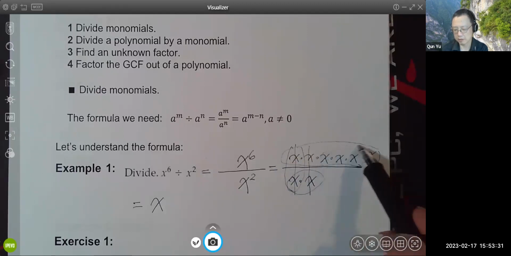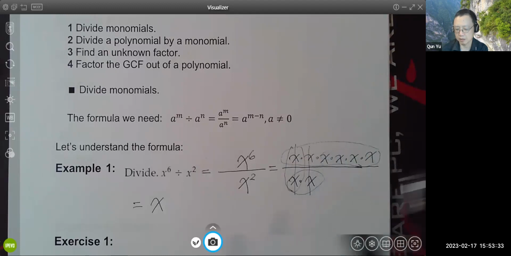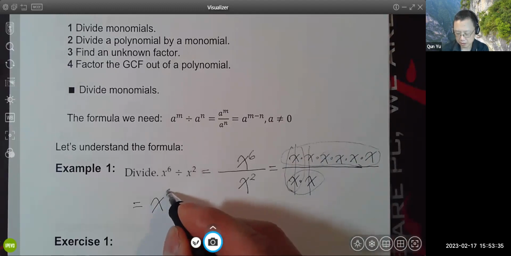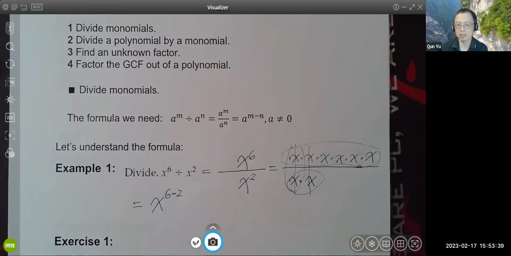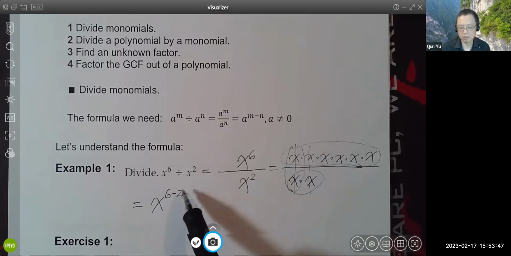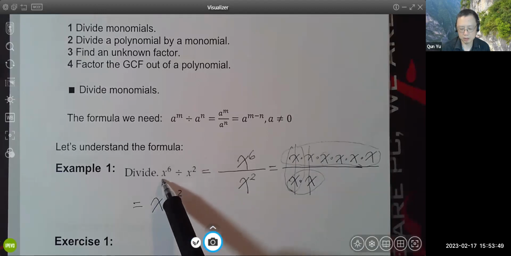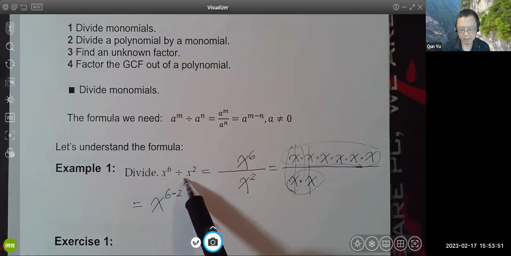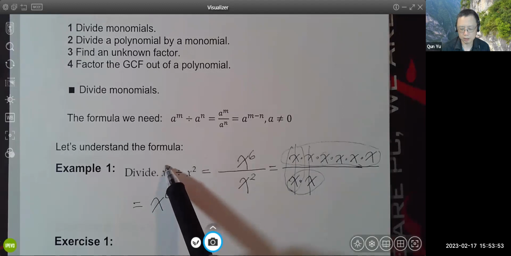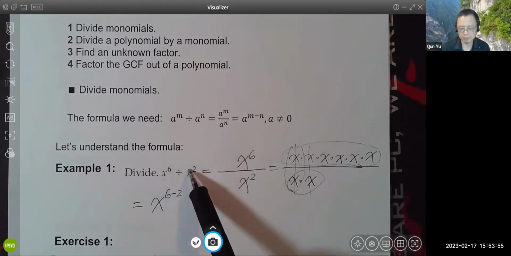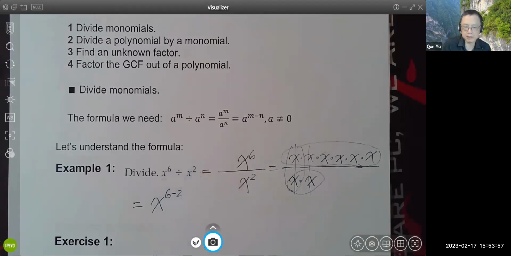That's why we have 4 x's left. So we started with 6, 2 get canceled, and that's why we get x to the 4th power left. And this just demonstrates this formula actually makes sense. Whenever you do division of exponential form with the same base, you use the first exponent, subtract the second one. Make sure you keep the base unchanged.